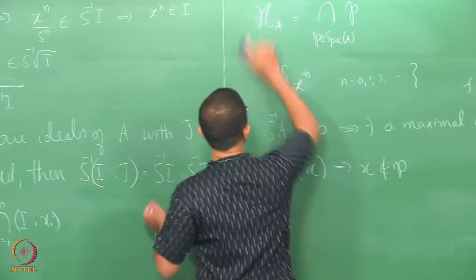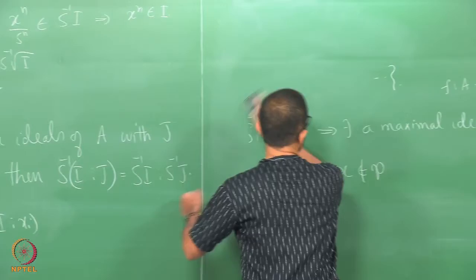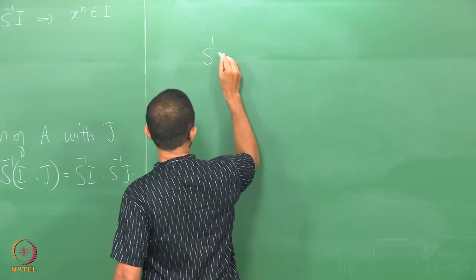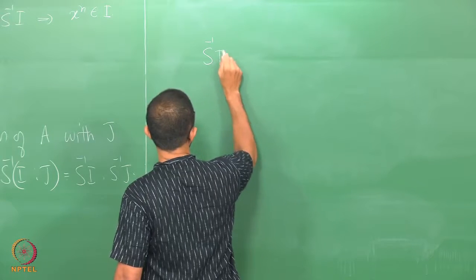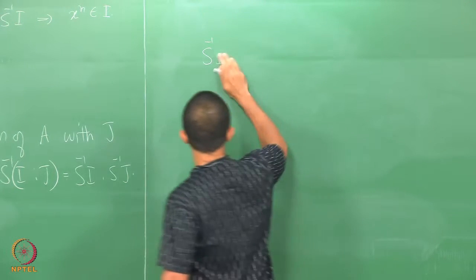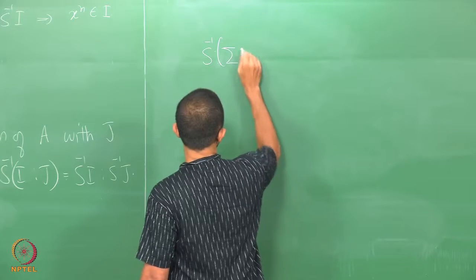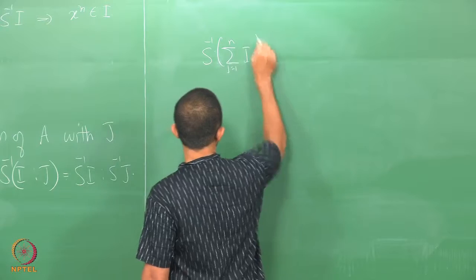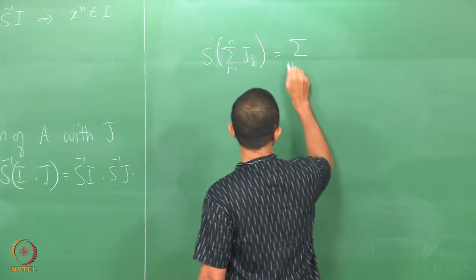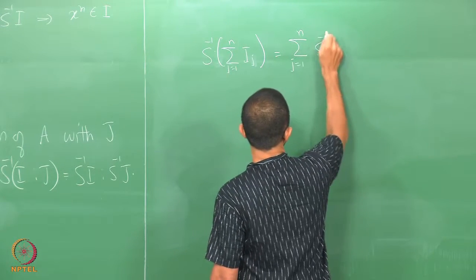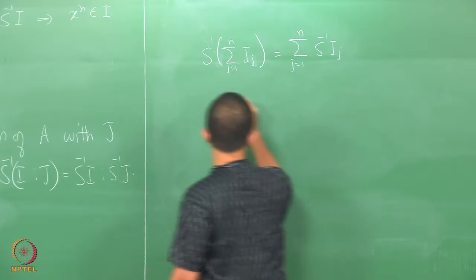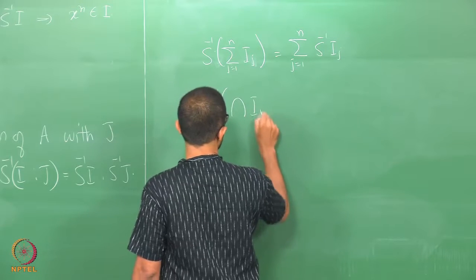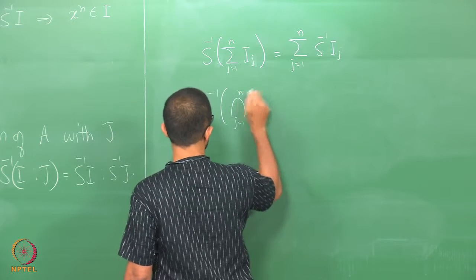Something that one should think about: we talked about these two properties. S inverse of the summation of I j, j from 1 to n, is the same as the summation of S inverse I j, j from 1 to n.